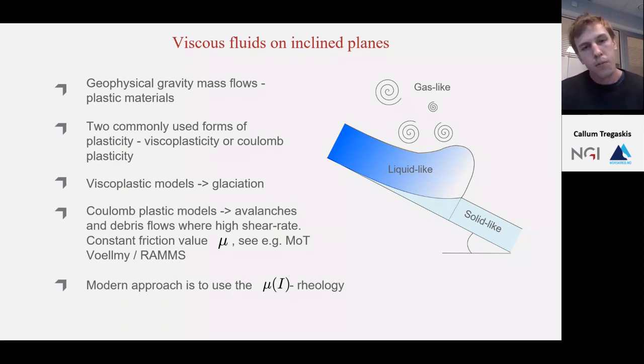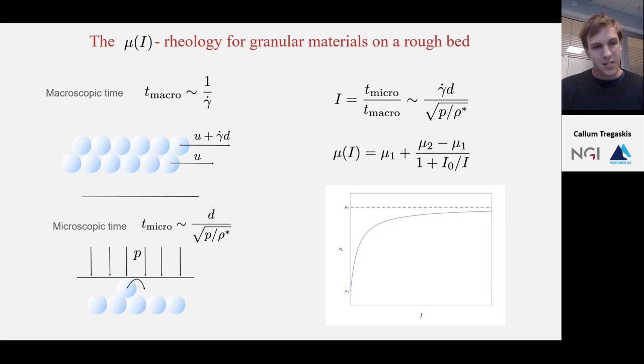But for modern granular flows, we're going to use a thing called the mu of I rheology. And this is how it's put together, but it's a bit less important to talk about the details right now. What we're actually doing is taking what's happening at the grain level, this grain-to-grain interaction that I was talking about earlier at the small scale, and then we're trying to make continuum approximations from that.